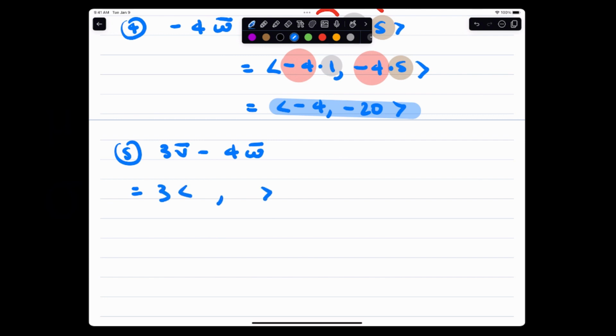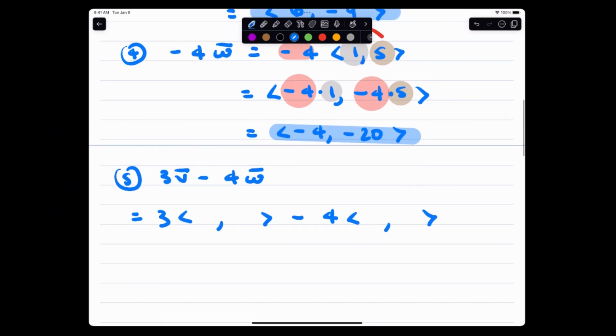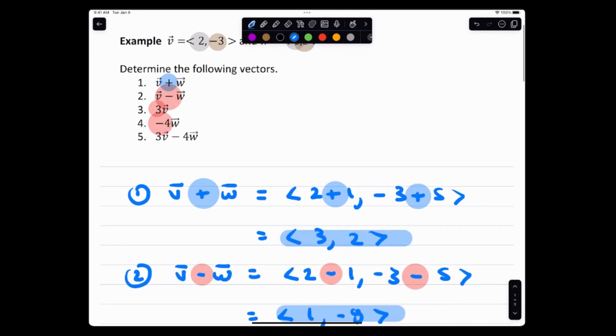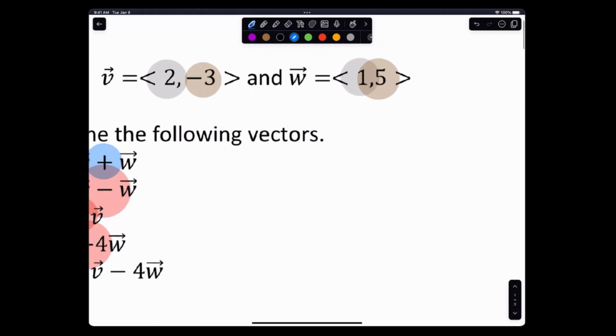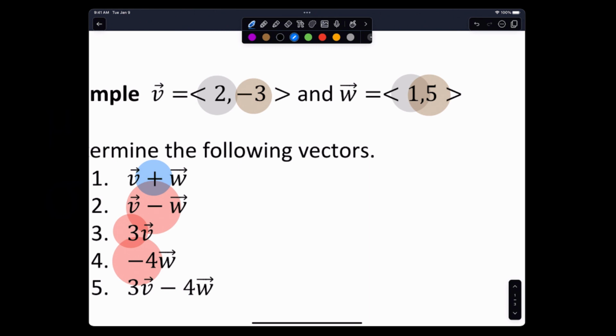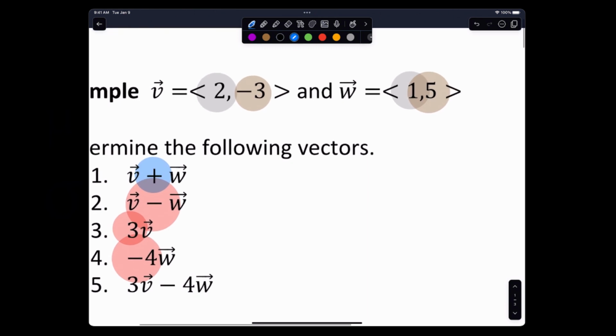So I would say to you guys, take a look at this kind of arithmetic. I love that about vectors, meaning v is defined to be 2, -3. W is defined to be 1, 5.